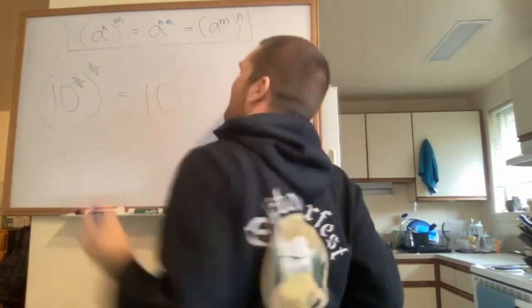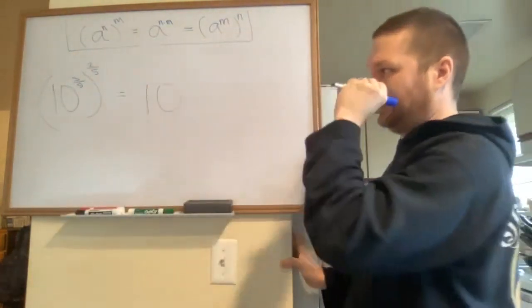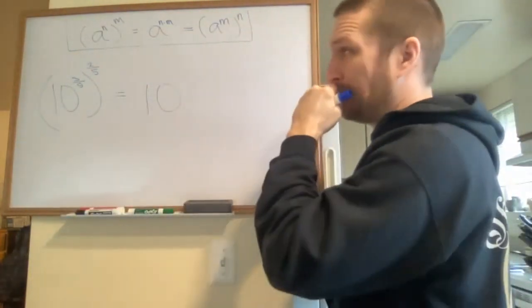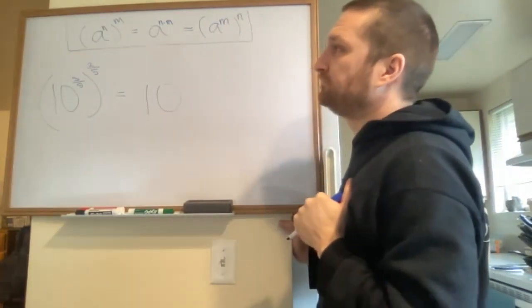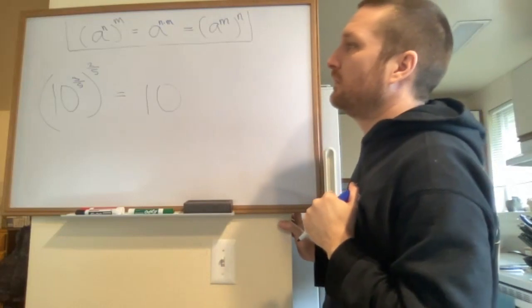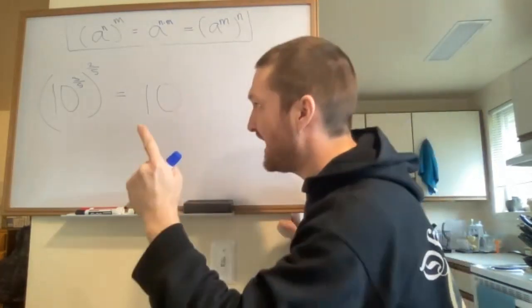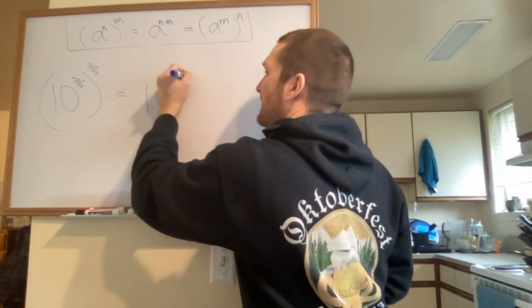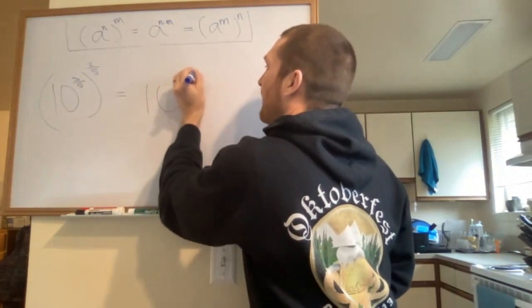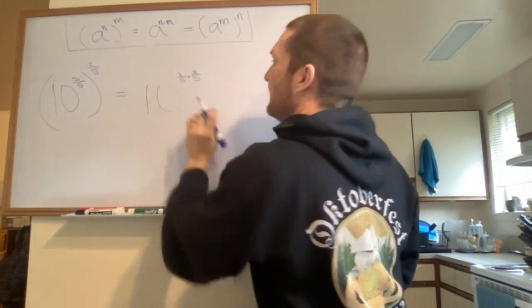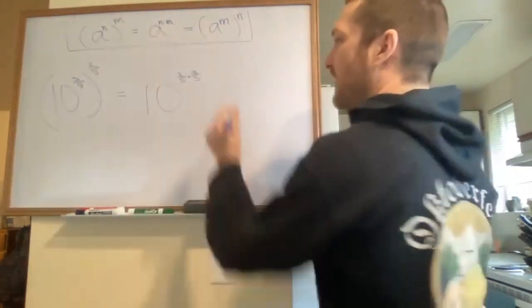That is the same as 10 to the what? 10 to the 2/5 times 3/5. Yes, there we go. Because we're raising something to a power, we have to multiply these exponents.